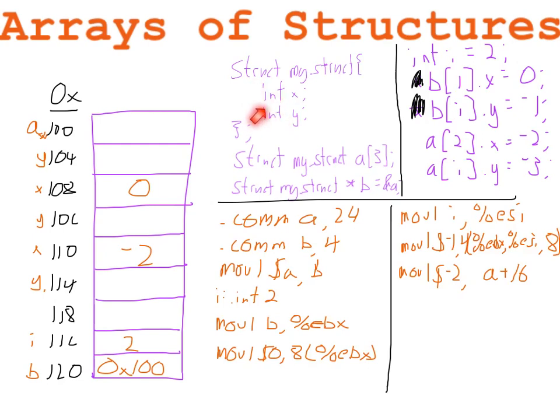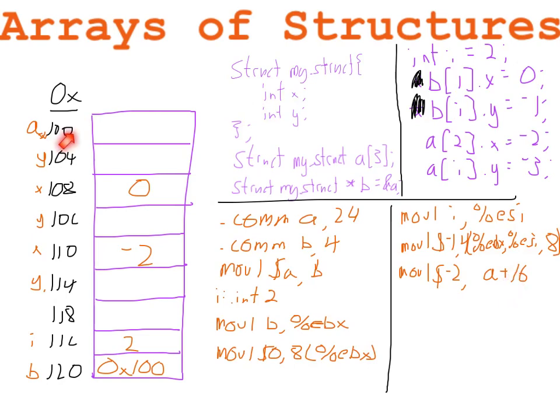In other words, y is the size of x beyond it. That's where y starts within the structure, so y is 4 bytes away from the start of it. So, if we wanted to access element y at position 2, we would simply need to add another 4 bytes to this offset, and that would make it a plus 20. And so to verify that, let's look at our memory map.